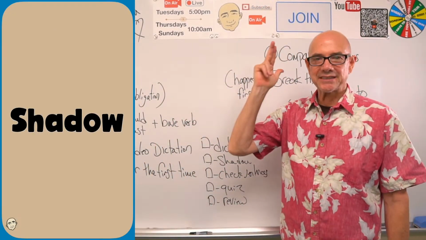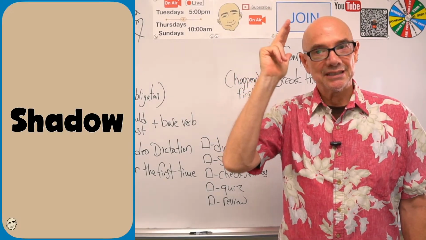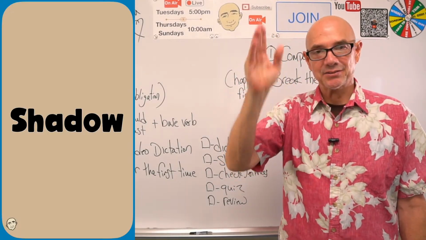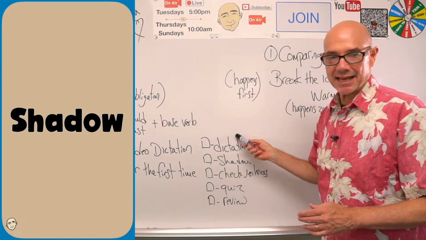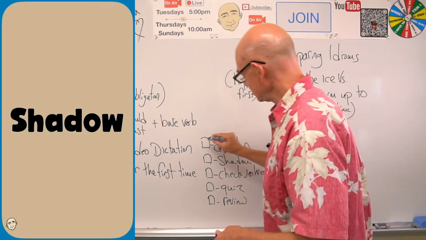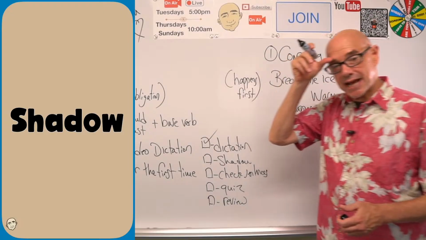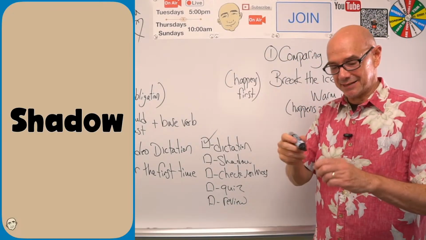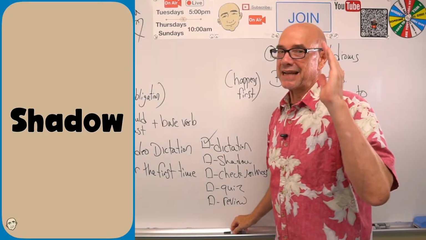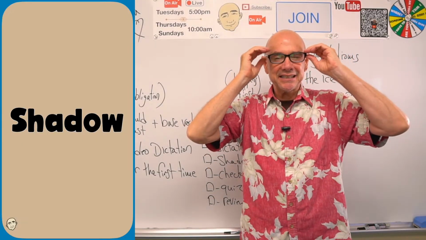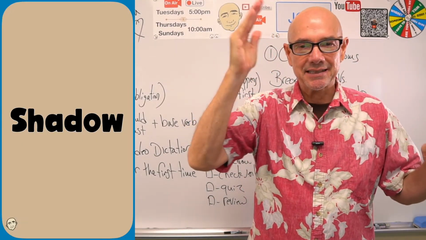Okay, that was dictation. I read 8 sentences twice, so you were listening and writing those sentences. That is dictation. So let's check the box. Now, shadowing is speaking, right? So we're going to say the sentences together. You will not see the sentence. You'll be listening and speaking with me at the same time.